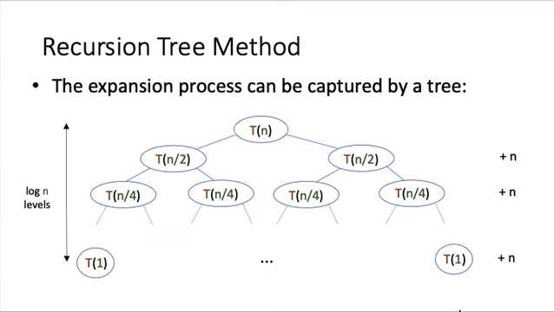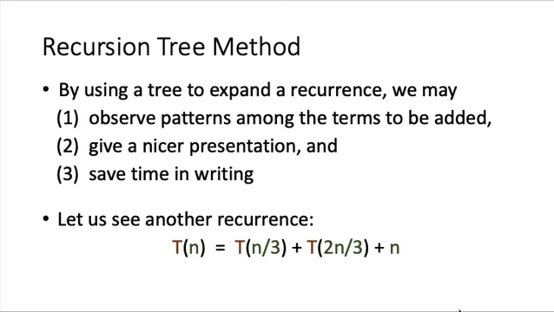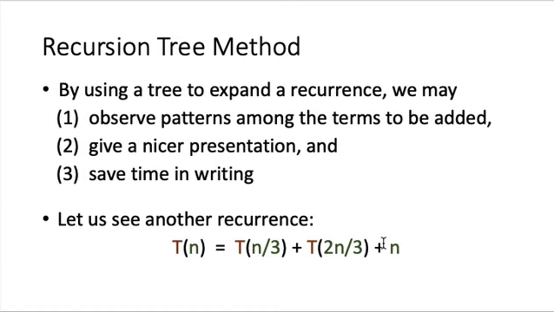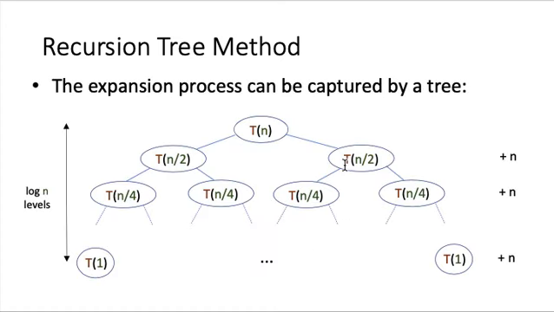This is actually the same as expanding using the horizontal method, line by line. But the good thing about this tree presentation is that we can easily tell the readers that there are some patterns about the terms that we add in each level.